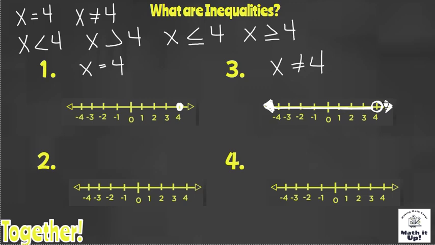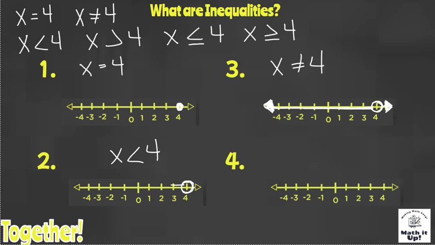And then we have x is less than 4. So I like to use the words x is everything that is less than 4. And those words help me to figure out what I'm doing in my graph. So again, x isn't equal to 4. That equal to isn't there. So I'm going to ring my 4, put a ring around it because 4 is not part of the answer.